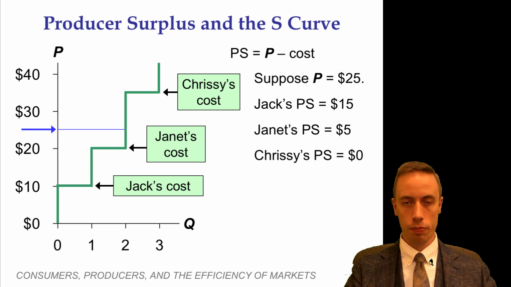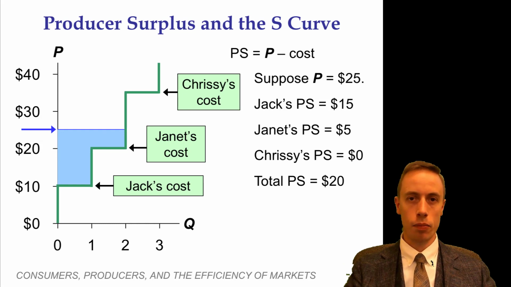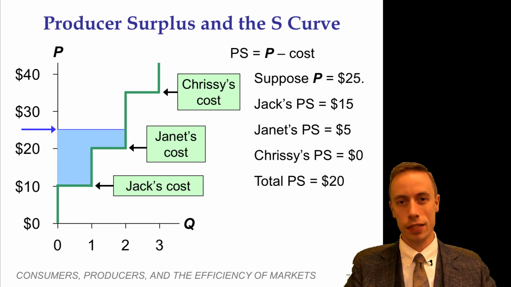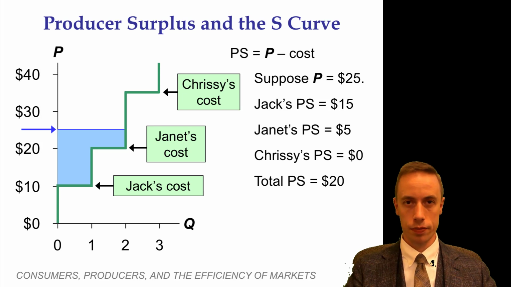Notice, same as on the buyer side, even though we have the sellers selling the same service at the same price, that does not mean they profit the same, since different sellers can have different costs. In this example, total producer surplus is $20, the sum of Jack's and Janet's individual producer surpluses. And you'll notice there's a geometric interpretation as well.